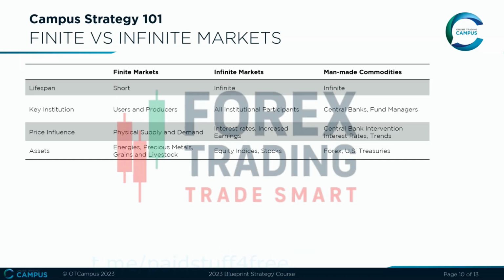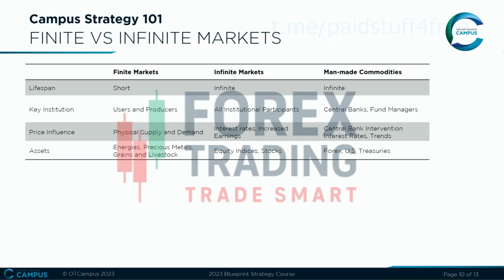These large participants, let's call them institutional participants, are the participants that we want to align our trades with. We want to buy when they're buying, and we want to sell when they're selling. Therefore, it does make sense to understand who those big guys are and how and when they generally operate in these markets that we trade.